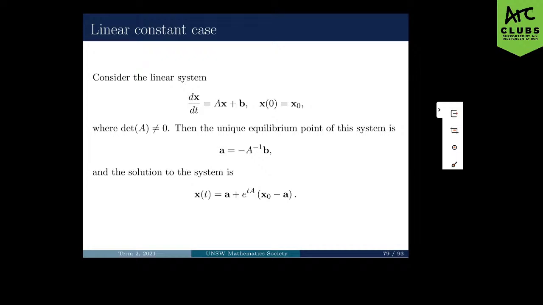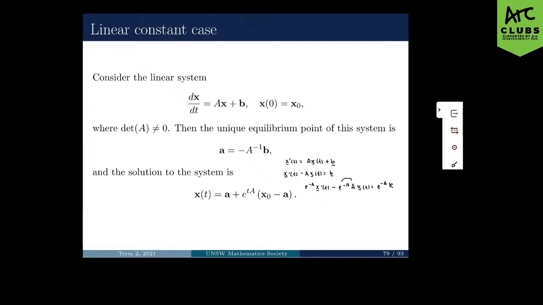Let's say we have an equation of this form: x'(t) equals Ax(t) plus b. Then we can move stuff over, and multiply by the integrating factor, which would be e to the power of minus A. So e to the power of minus A times x'(t) minus A times x(t) equals e to the power of minus A times b.